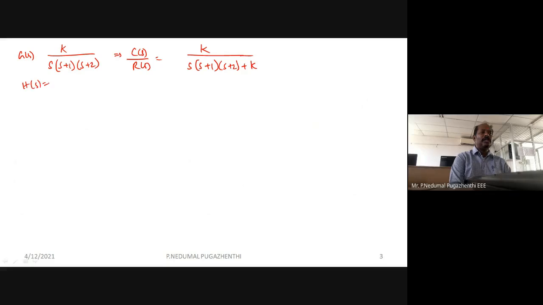I assume H of s is equal to 1, and it is negative feedback, so I have a plus sign here, and then the k value. So now, changing my transfer function, the denominator becomes s squared plus 3s plus 2, into s, plus k, and again I can vary.